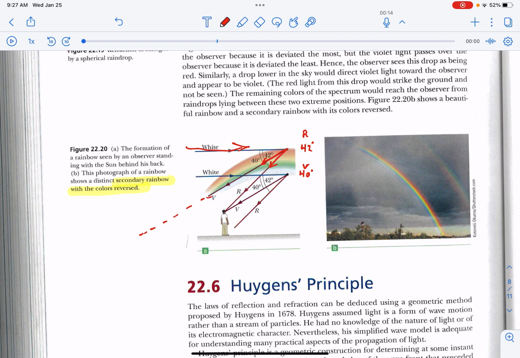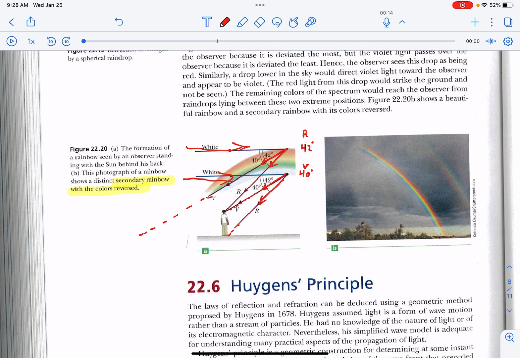Meanwhile, if we talk about the light that is striking the bottom of the rainbow, again, the red is going to come at a 42-degree angle and the violet at a 40-degree angle, but this time you're going to see the violet and the red is going to strike the ground in front of you.